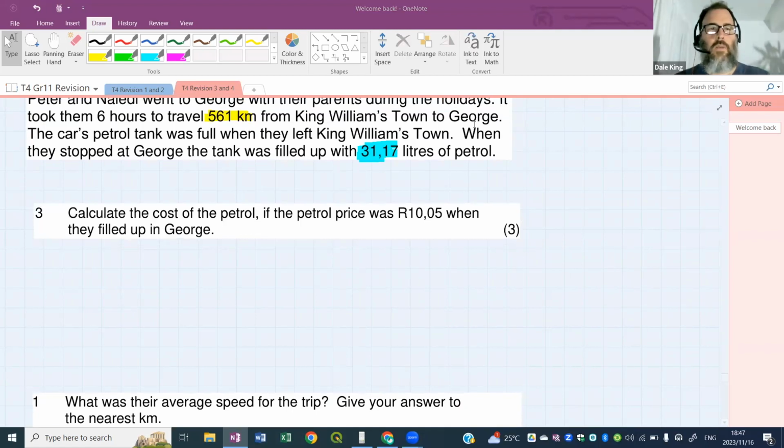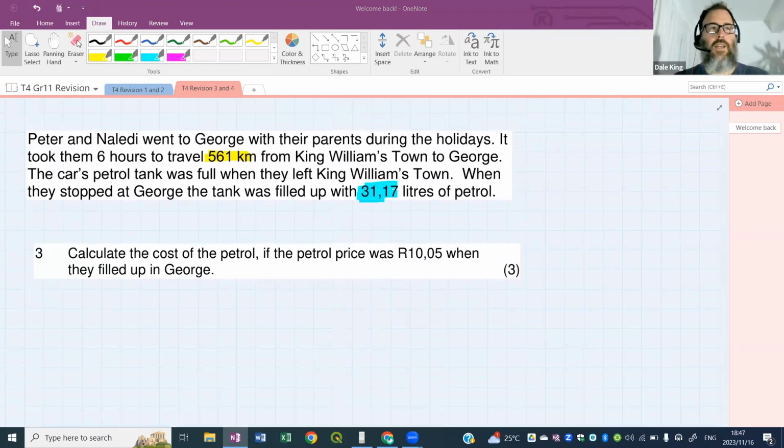Number 3 says, calculate the cost of the petrol. This must have been a very old exam paper. Look at the price of this petrol. 10 Rand and 5 cents.